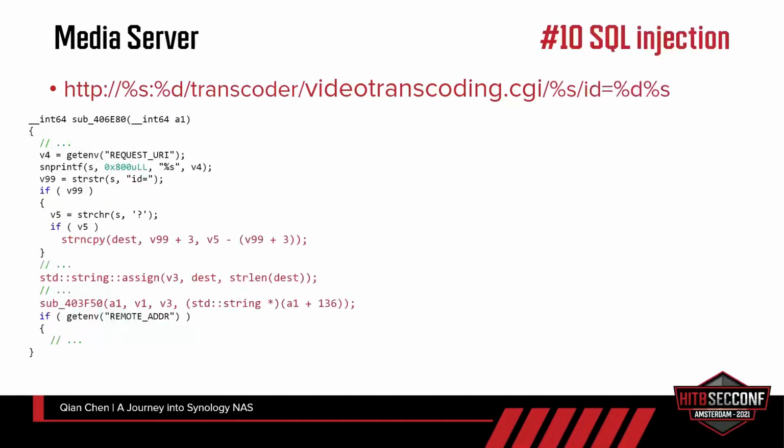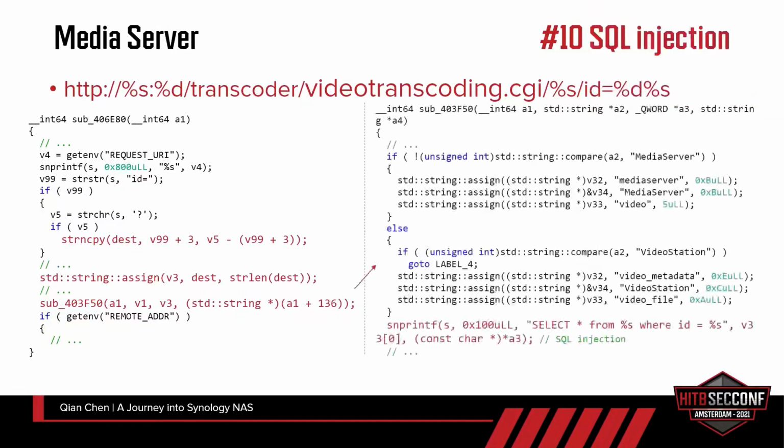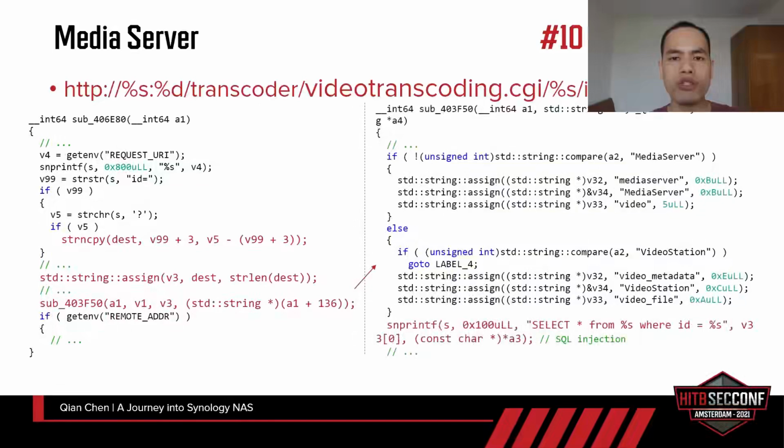Suppose we provide a normal URL as the code expected. The routine will continue, and the function sub_403F50 will be called. In function sub_403F50, it will simply check the argument a2, then format the argument a3 into a SQL statement.